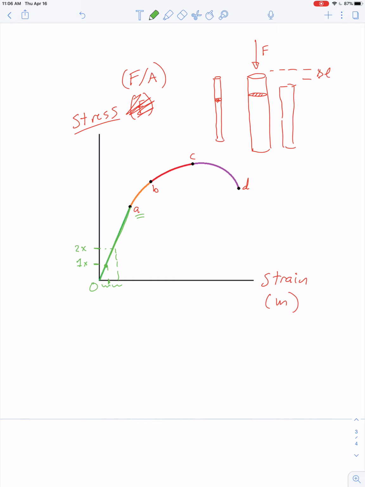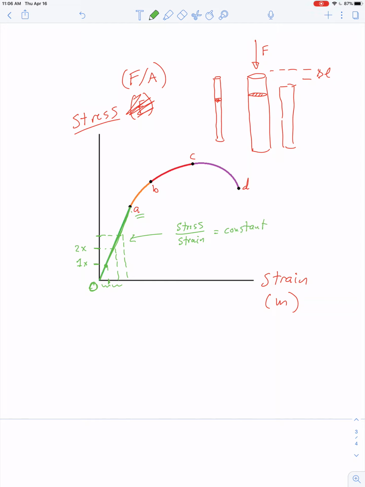Then it's double the amount of strain. Triple the stress, triple the strain. It's a linear relationship. And that's just a way of saying that in this region, from 0 up to A, the ratio of stress divided by strain is a constant value.